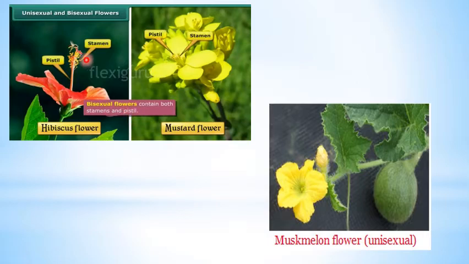So this is the pistil, that is the female, and this is the stamen present on the same flower, that is known as bisexual. Hibiscus means the China rose. And here is the pistil and this is the stamen present on the same flower. The example is mustard. And this is muskmelon, that is unisexual, where only the female part is present.